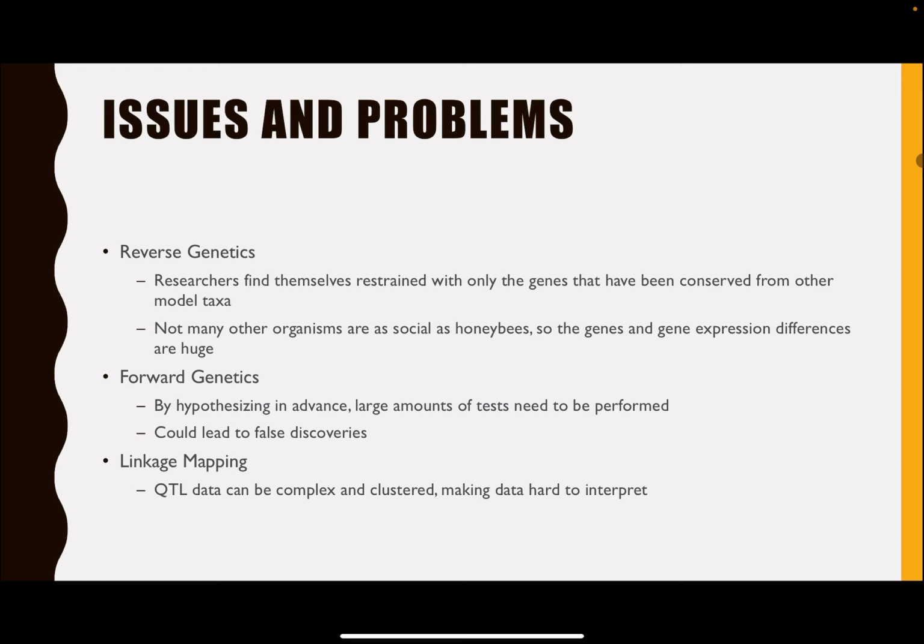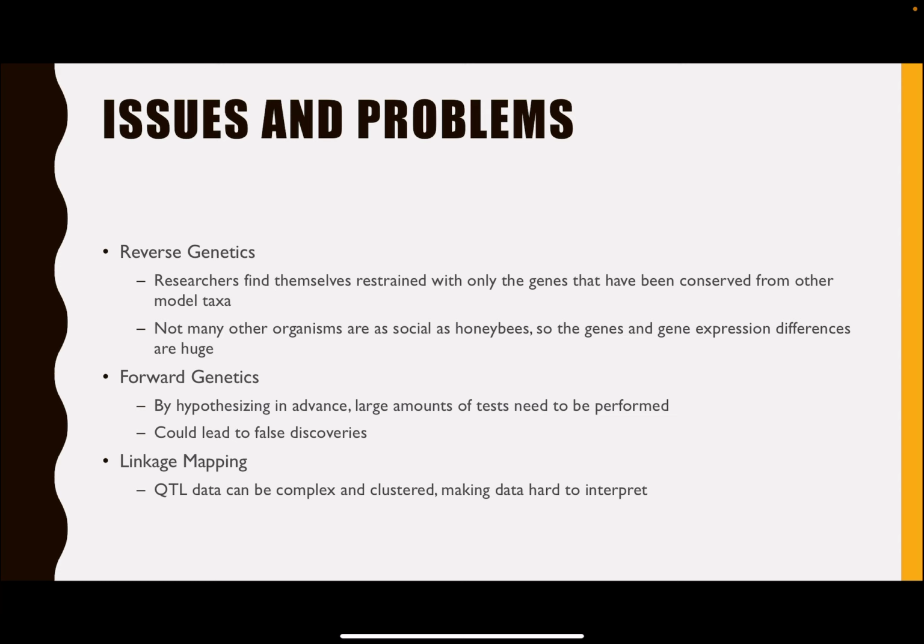Issues and problems with the aforementioned testings. In reverse genetics, researchers are really restrained to only the genes that have been conserved from other model taxa. And given that honeybees are an extreme model organism, it makes it really hard to compare it with other taxa.